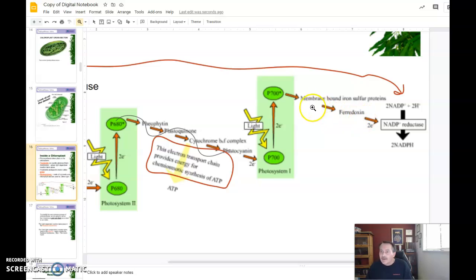So here you have P700 doing the same thing that P680 did. It has a heightened amount of electrons, and these electrons now are again too energized to do much.